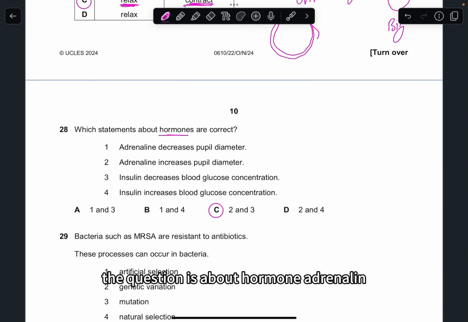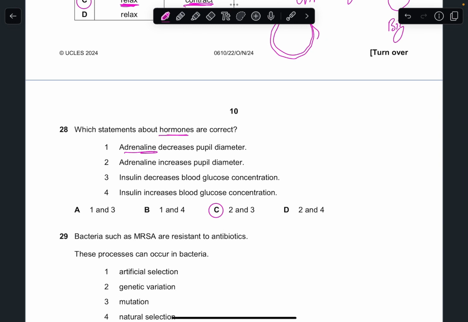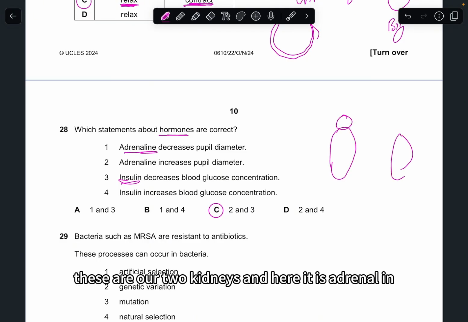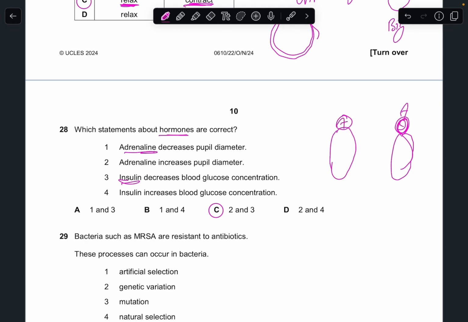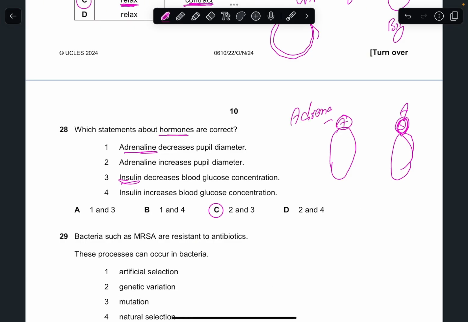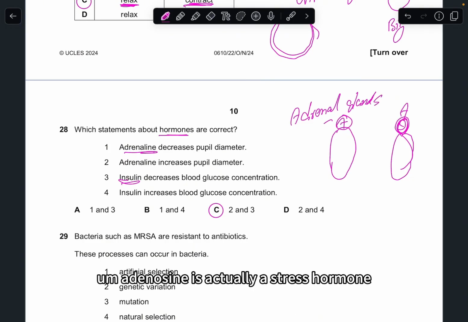The question is about the hormones adrenaline and insulin. Adrenaline is present on the kidney. These are our two kidneys, and here it is. These are the adrenal glands. Adrenal glands produce adrenaline. Adrenaline is actually a stress hormone.